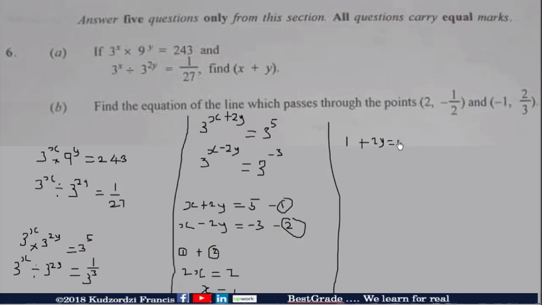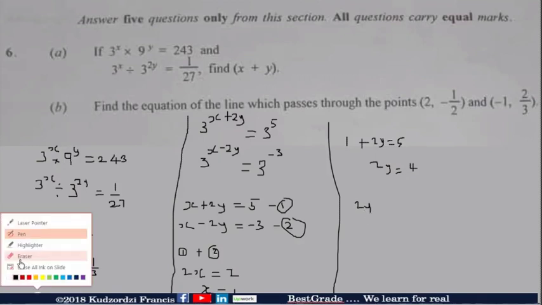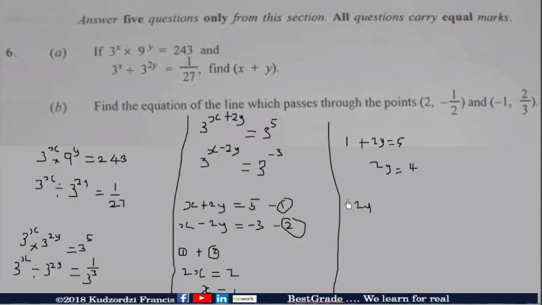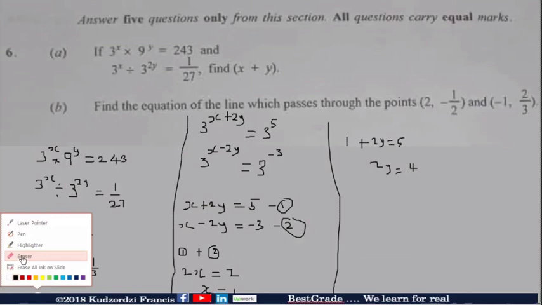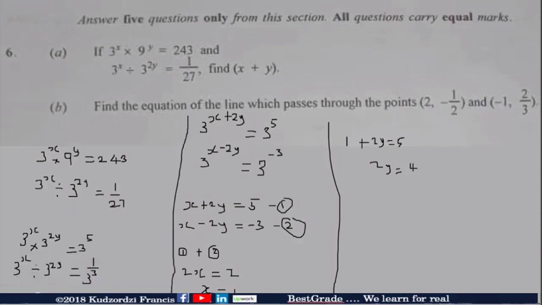So we have 2y is equal to 5 minus 1, which is 4. So we obtain y is equal to 2.